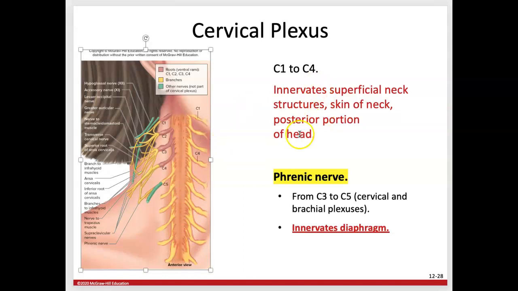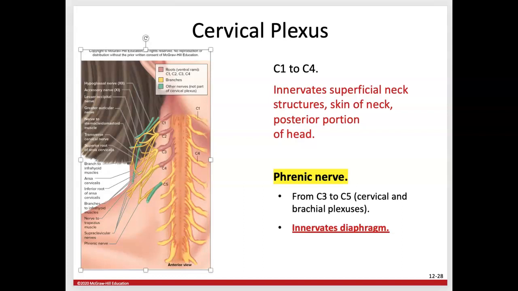So one thing I want to mention about the cervical plexus that you will most likely be tested on is the phrenic nerve. The phrenic nerve is part of the cervical plexus. It's one of the nerves within the cervical plexus. And the phrenic nerve is super important in relation to the diaphragm.